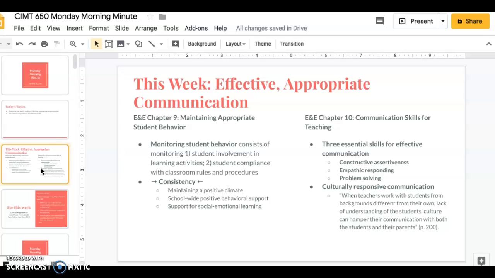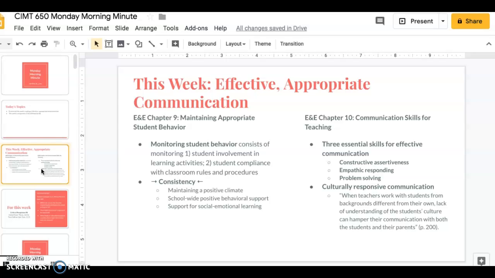In chapter 9, there are two main pillars of important takeaways that I want you to be thinking about as you read. The first is the importance of maintaining appropriate student behavior in the context of also monitoring student behavior to make sure that it is appropriate. They start off by saying that it might be hard to maintain this behavior if we don't know what exactly we're looking for.